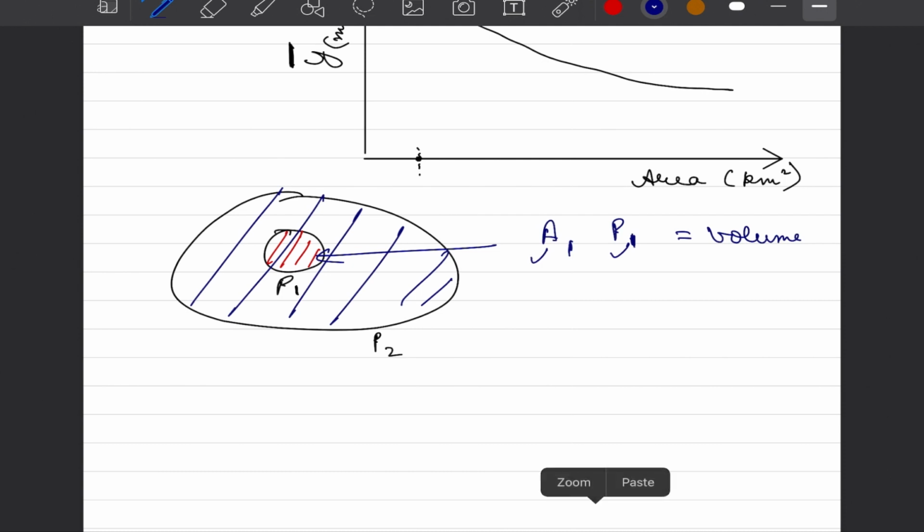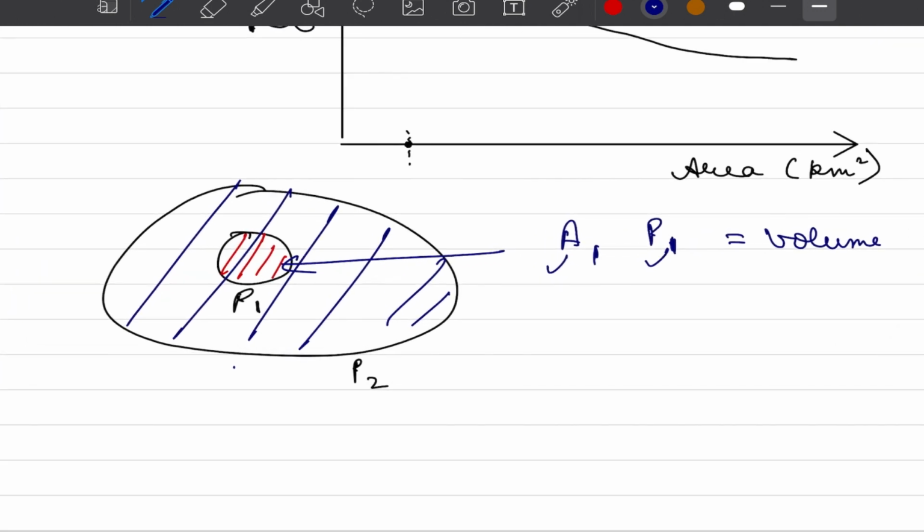Similarly, if we have to look into the amount of precipitation on average that has fallen into the blue area, the total blue area is A1 plus A2, because we would know the areas of these circles and we can always subtract the inner circle to know the value of A2.